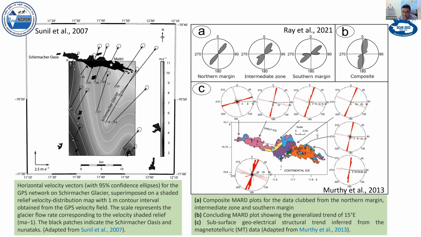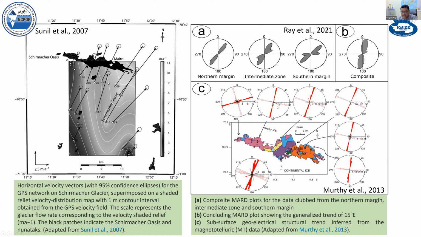The GPS network, studied in campaign mode, had 21 ground stations with an interstation distance of around 5 kilometers, homogeneously distributed in a mesh network. The movement direction towards the north-northeast was reported in this work by Sunil et al., which is also consistent with our data sets of the glacial striations.